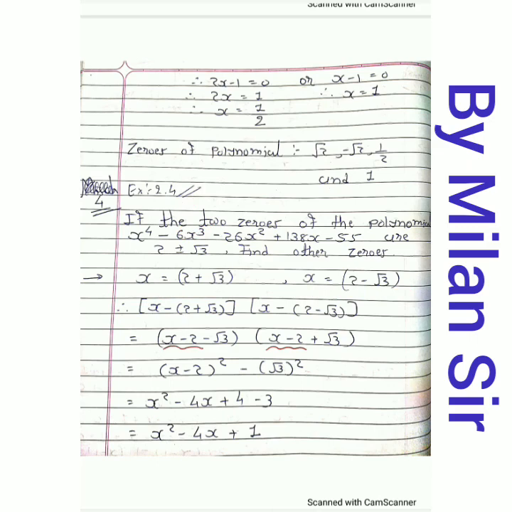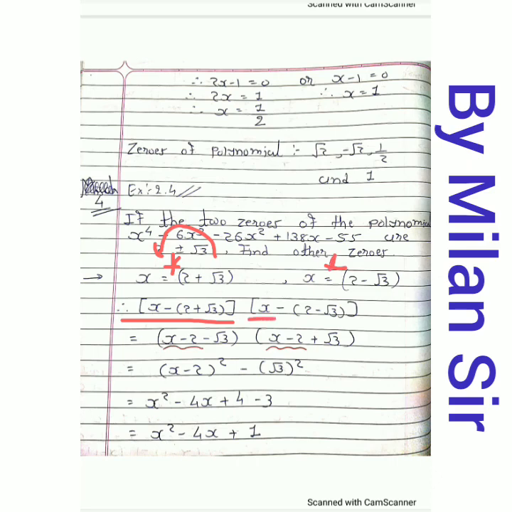So first of all, transfer this whole bracket to the left hand side. Nothing is given in front of the bracket, that means plus sign. So I transfer this whole bracket, so x minus, in bracket, 2 plus under root 3. And similarly here, again transfer this whole bracket to the left hand side.